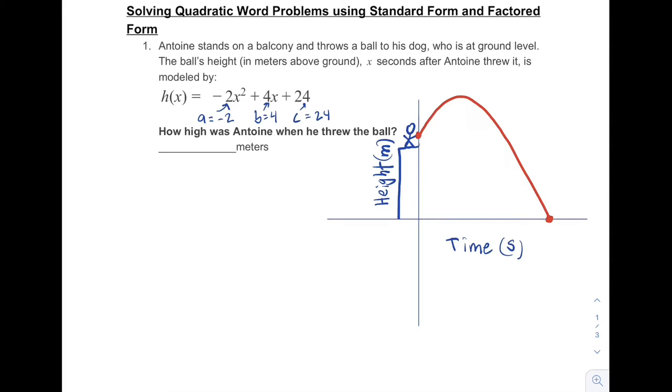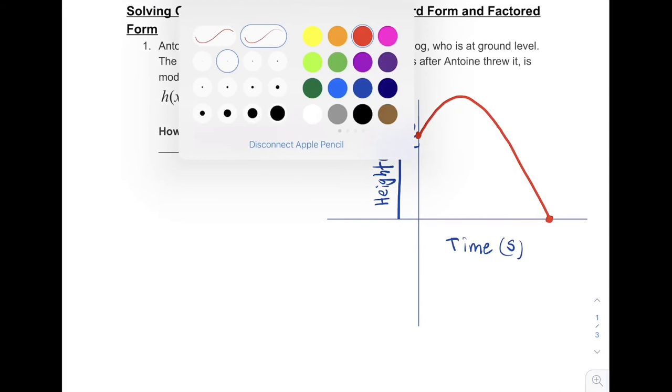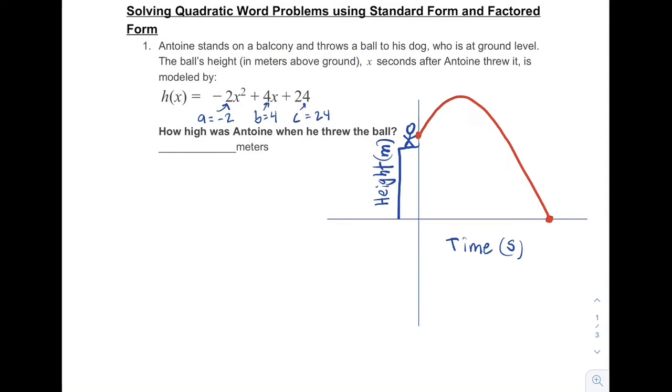From standard form, we can tell what the shape is by looking at the A. If A is greater than 0, your parabola opens up. If A is less than 0, your parabola opens down. Okay, so that's what we can tell from the A.